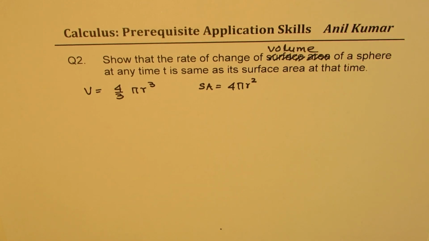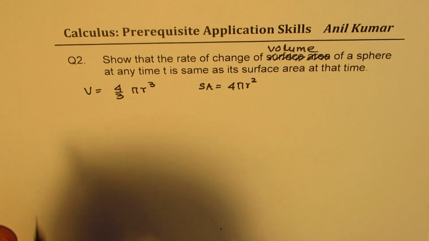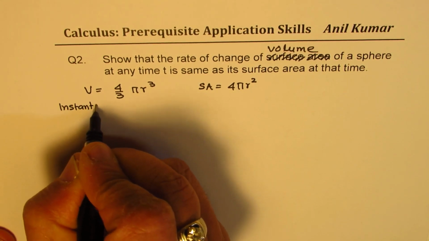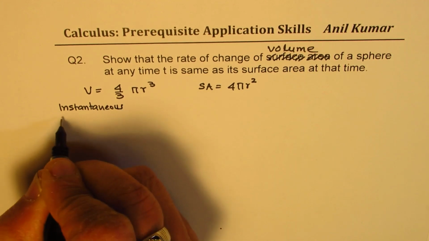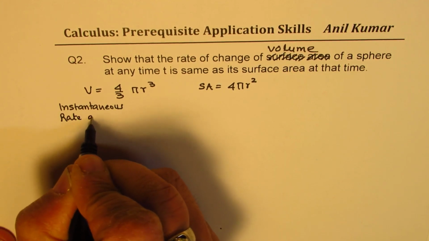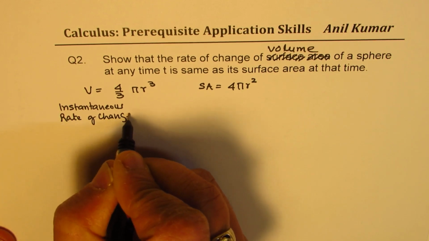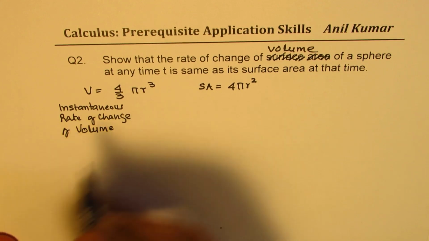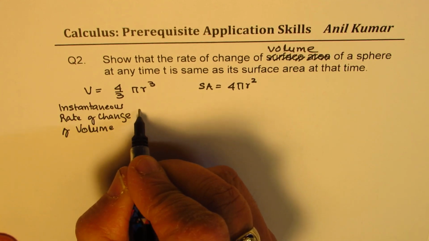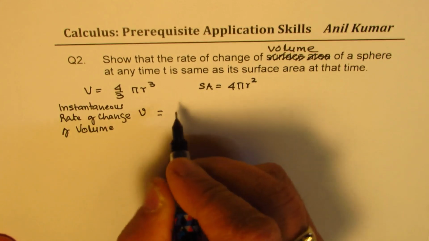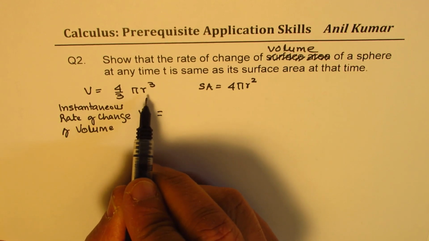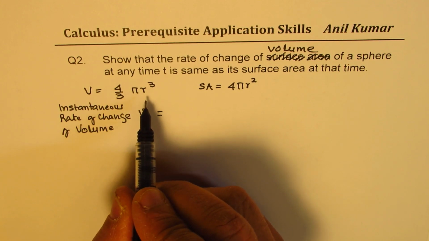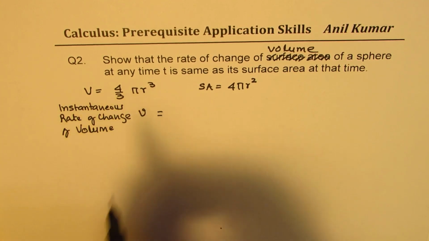So let's see how to find the rate of change of volume. So let's find the instantaneous rate of change. To find the instantaneous rate of change of volume, we need to compare two positions where the radius is very close by.